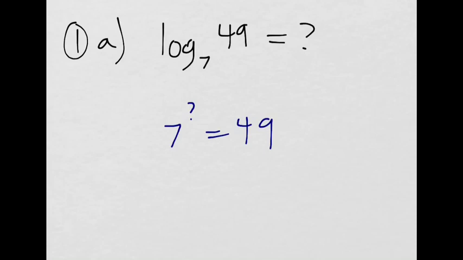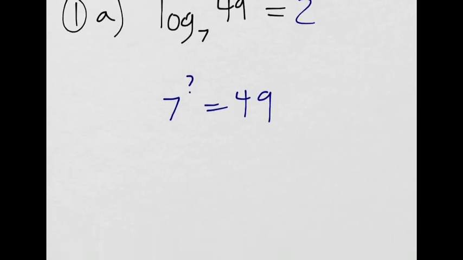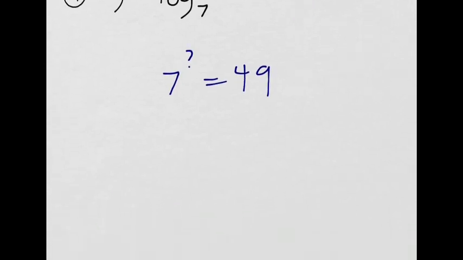And the answer is 2, right? So log 49 base 7 would be 2, because 7 to the power of 2 is 49. Make sense? Okay, again, knowing how to convert this into exponential form will help to understand what's going on here. Okay?